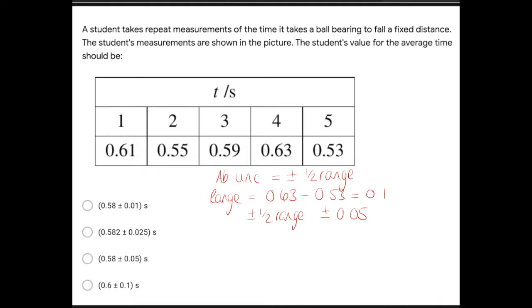This question also wants you to give a value, and the way that we do that is we calculate the mean. The mean comes out at 0.58, and therefore our answer is 0.58 plus or minus 0.05, which is C.